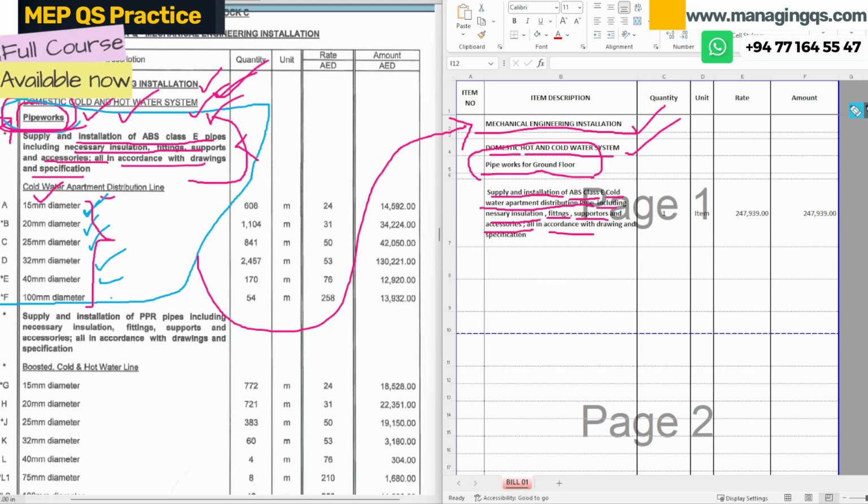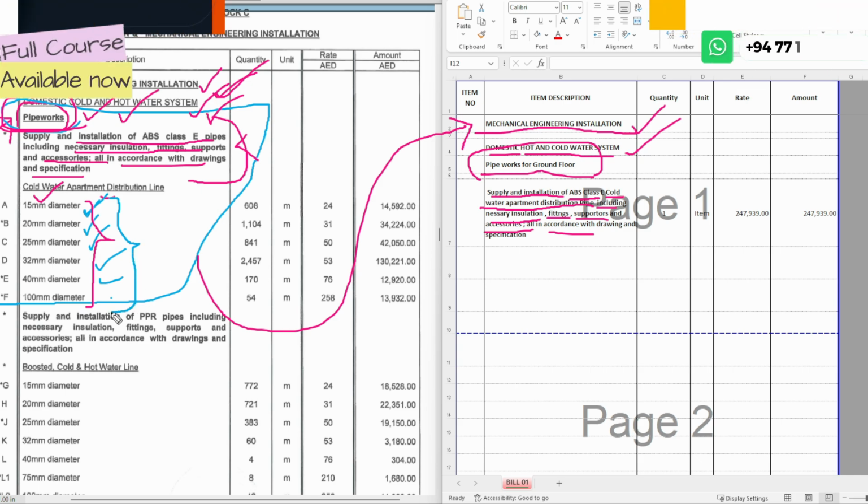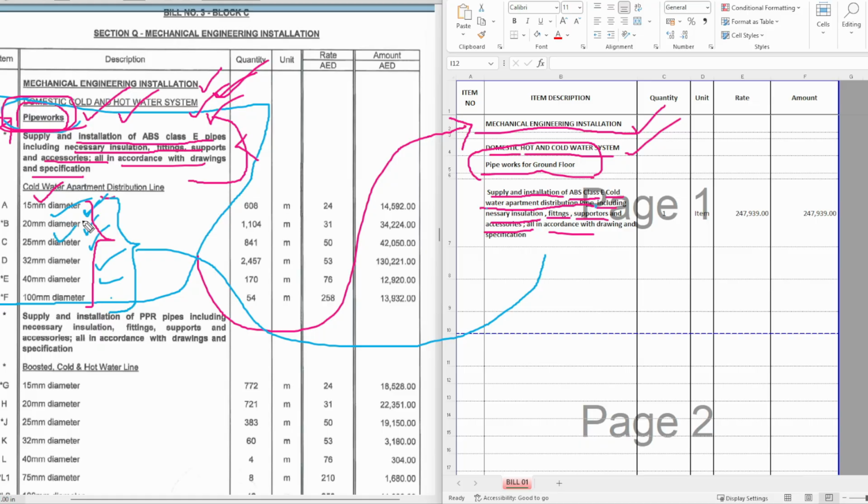The major difference is that in the right side BOQ they include all the pipe breakdown within the description. They mention the water apartment distribution pipe, including 15 millimeter, 20 millimeter, 25, 32 like this, but there is no other detailed breakdown.